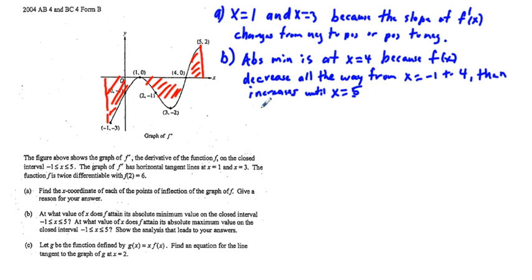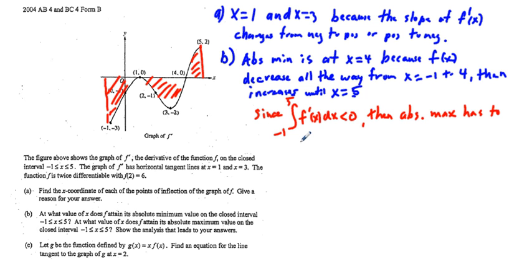But since the integral from -1 to 5 of f prime of x dx is less than 0, taking area above the x-axis as positive and below as negative, this accumulated area is less than 0, so the absolute max has to occur at x equals -1.